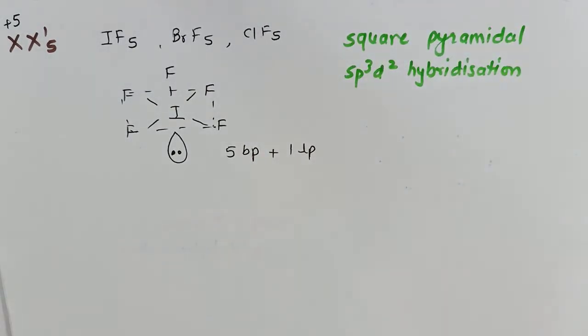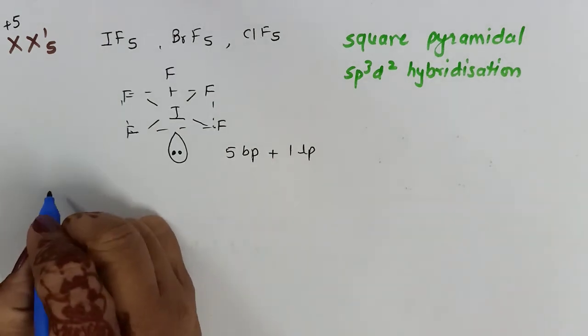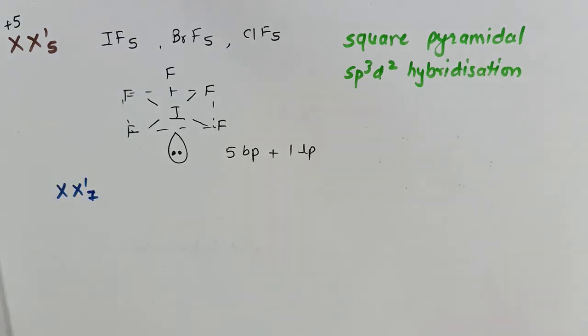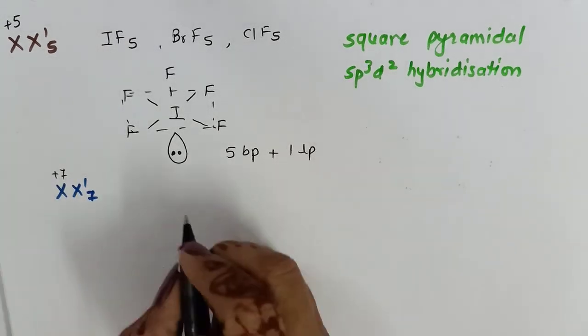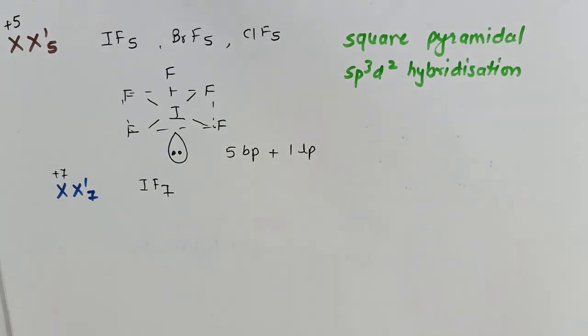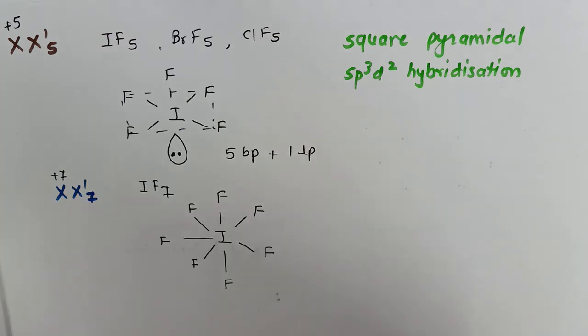Moving on to the next interhalogens, let's say XX'7, where X will be in the oxidation state +7. The example is IF7. Now this iodine will be surrounded by 7 fluorine atoms. That means all 7 electrons which are present in the outermost shell of iodine will be utilized in forming bonds with fluorine.